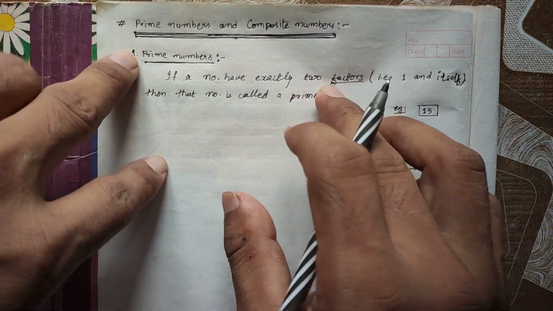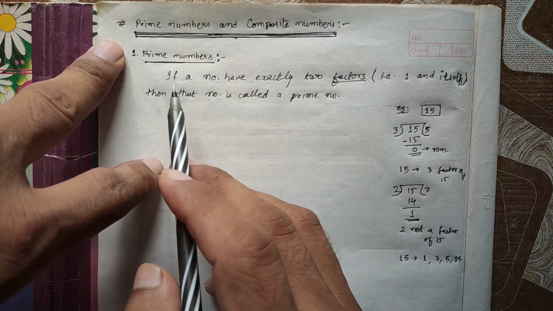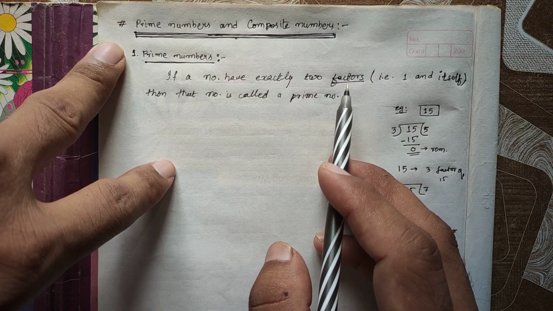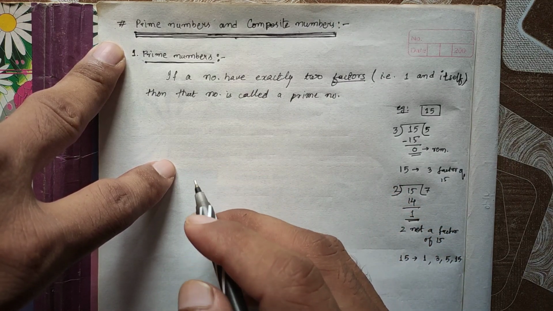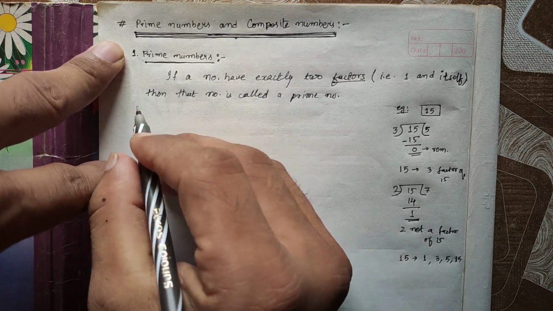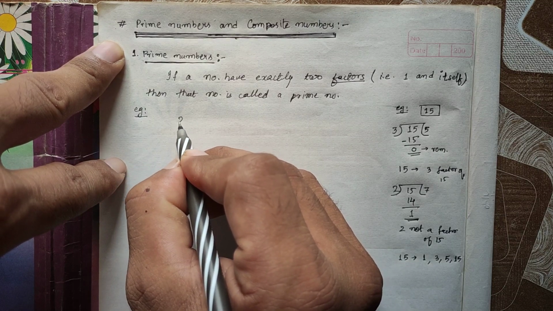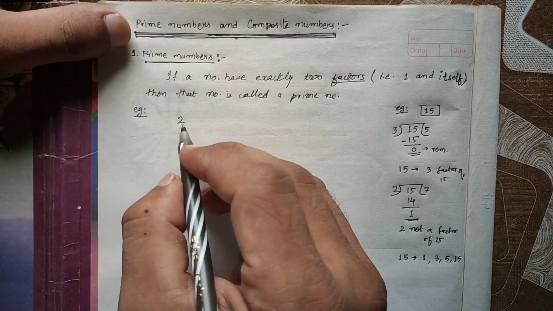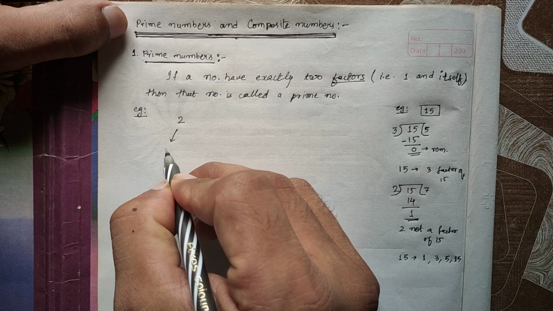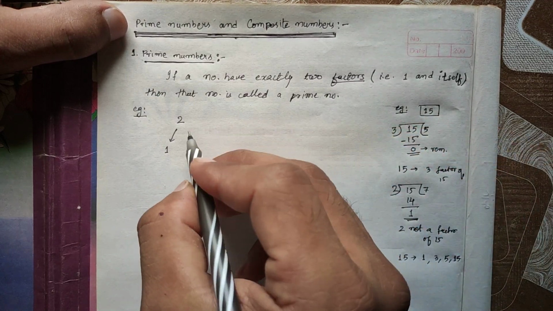Now I think you understand the meaning of factor. So let's again move on to prime numbers. If a number has exactly two factors, that is called a prime number. Let's see some examples. Let's take 2 as the first example. 2 is exactly divisible by 1, and we said 1 and itself.